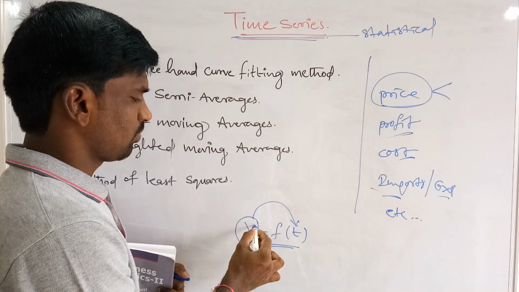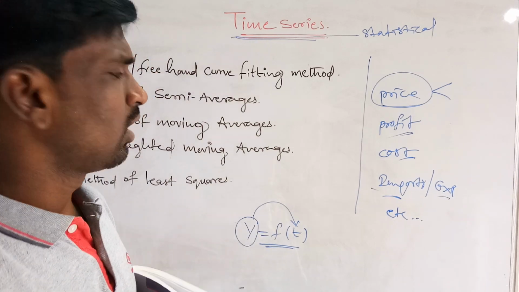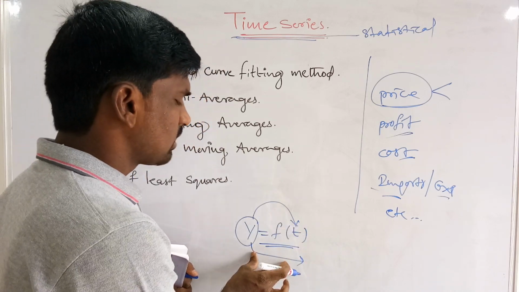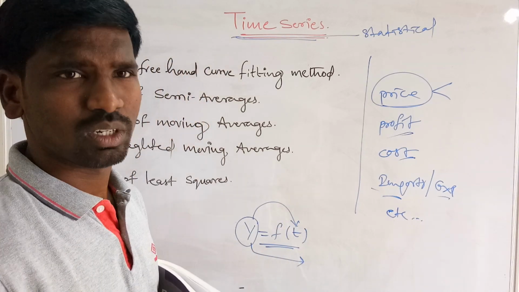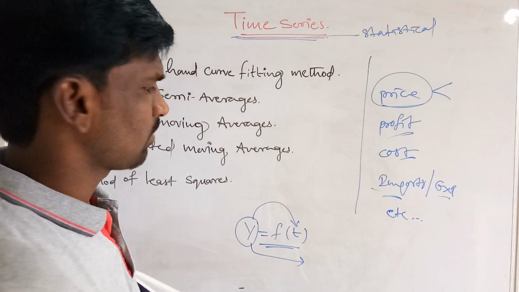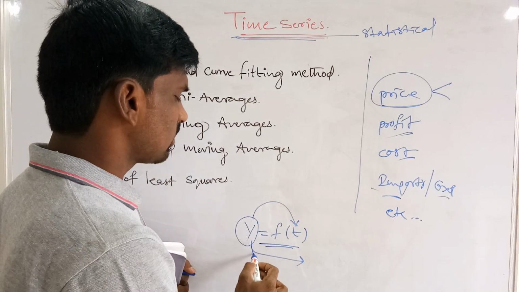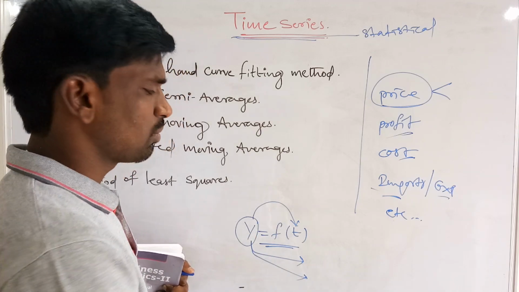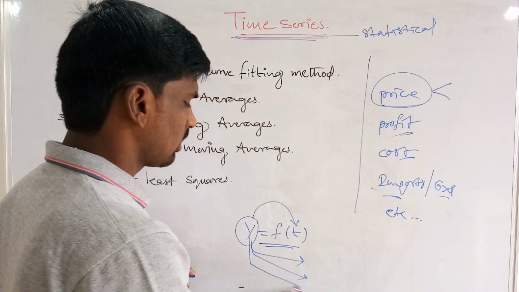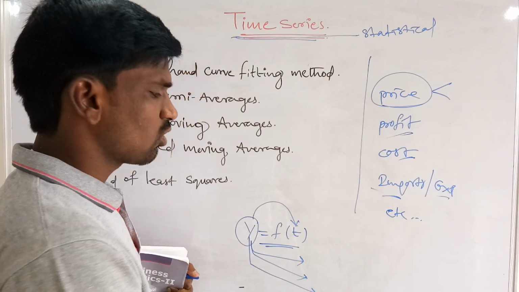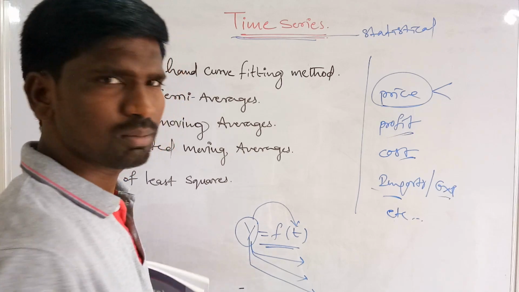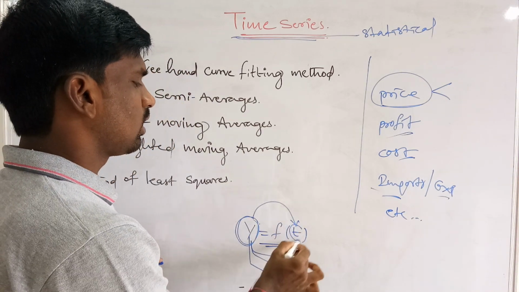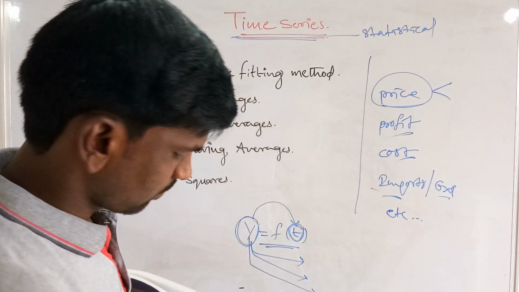For example, you can take births and deaths of a country in particular months and years, or the sales of a departmental store in particular months or days, or the price of a share in the stock market at a particular time in a day. So y is the value of the variable, and t is the time period.